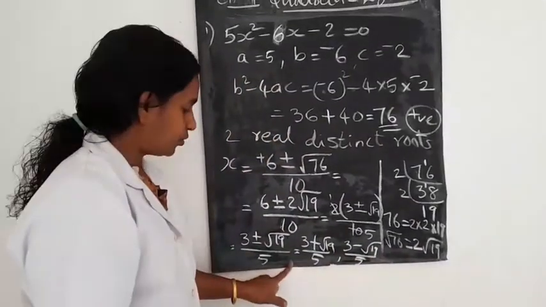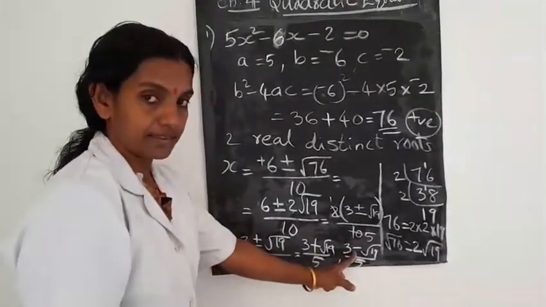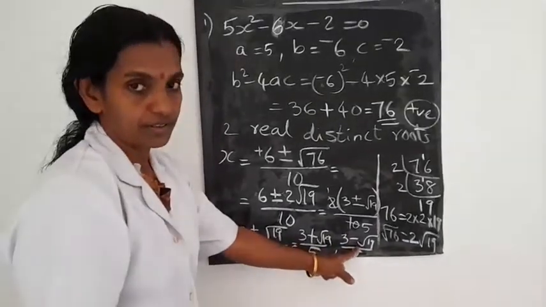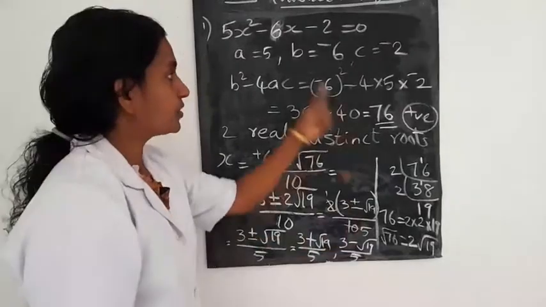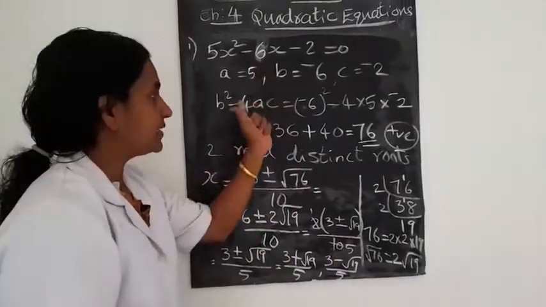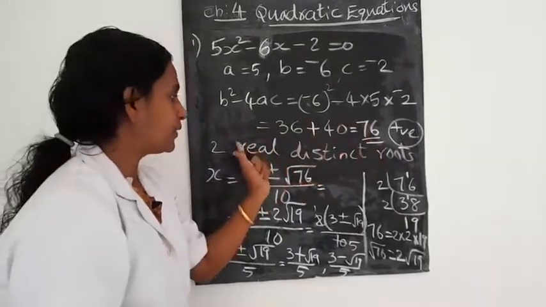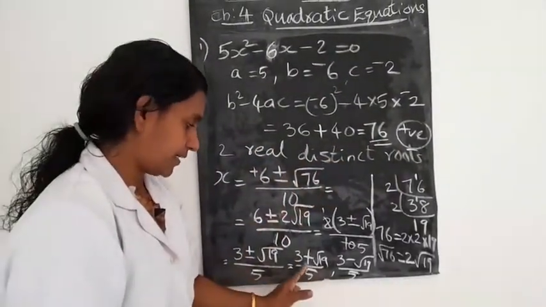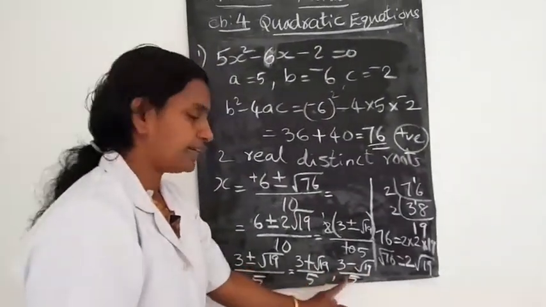One is plus and the next one is minus; separating plus and minus, you get two values. These two are real values. So for this quadratic equation, the discriminant is a positive number. Therefore, we can find two real and distinct roots. So we are getting 3 plus root 19 by 5 and 3 minus root 19 by 5.